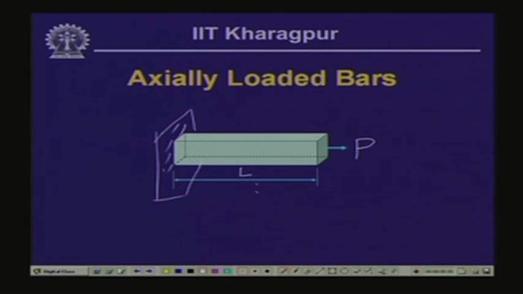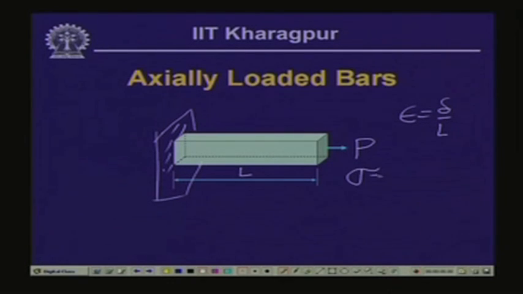Thereby, if delta is the extension, then the strain is equals to delta by L, and we consider that this analysis which we carry out is within the elastic limit of the bar, and as we have seen right now in the stress strain relationship, within the elastic limit the stress is proportional to the strain, and we can write sigma is equals to E times epsilon.